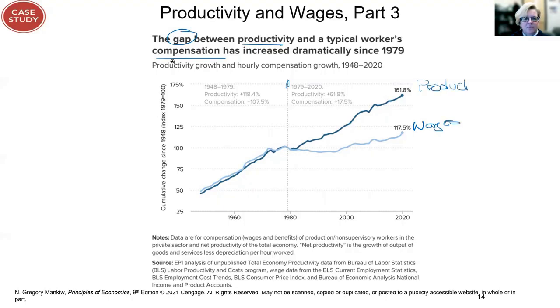And you might have heard many people say, well, I have to do more with less. This chart kind of shows that as well, that gap in terms of what people are making versus how much they're actually contributing.